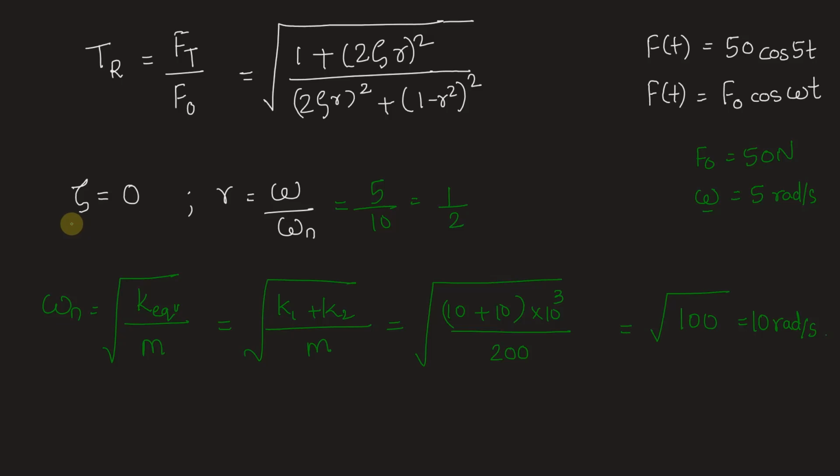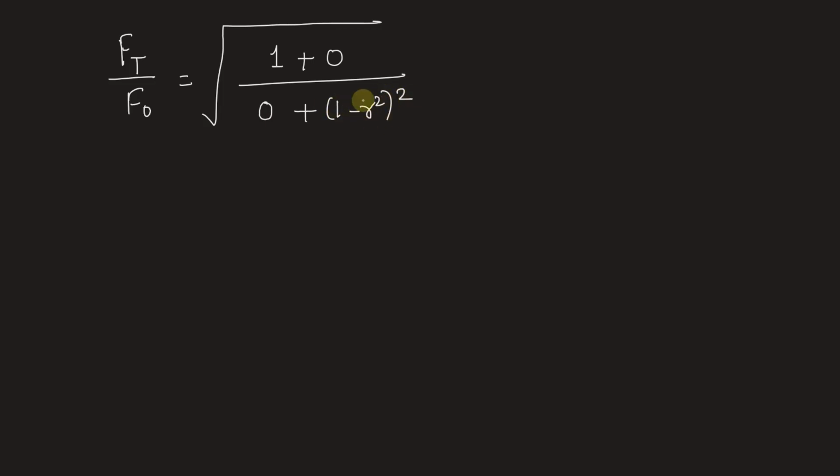Putting the zeta value and the r value in the transmissibility ratio, we get Ft by F naught equal to, wherever there is zeta, we put 0 and those terms go to 0. So we have 1 plus 0, over 0 plus (1 minus r square) whole square, which is equal to 1 by (1 minus r square) whole square.